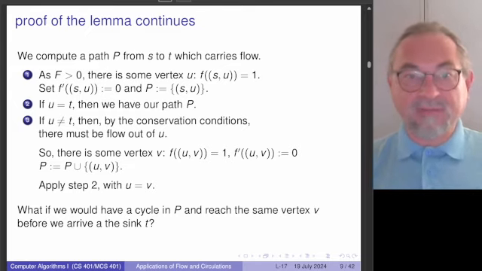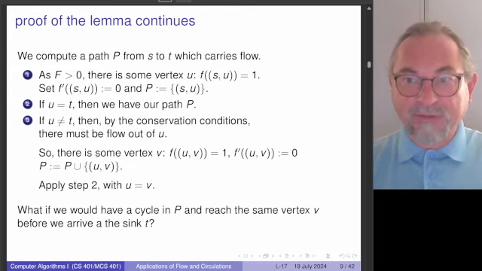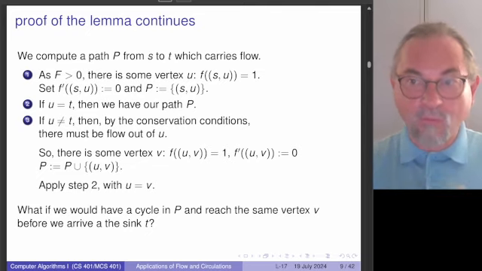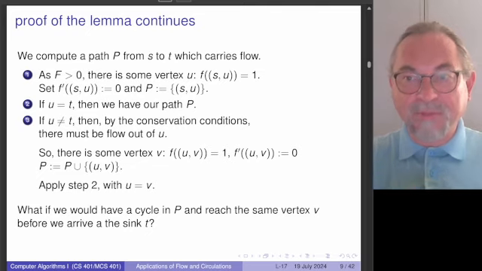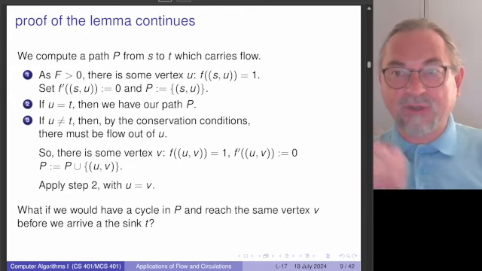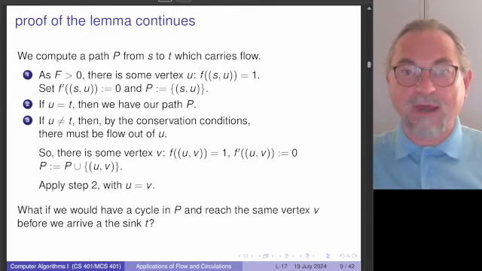Now, if that vertex u was the source, then we're done. Otherwise, we apply the conservation condition. So we have a flow of 1 that went into u. Then by conservation in this flow network, we actually also have to have a flow out.